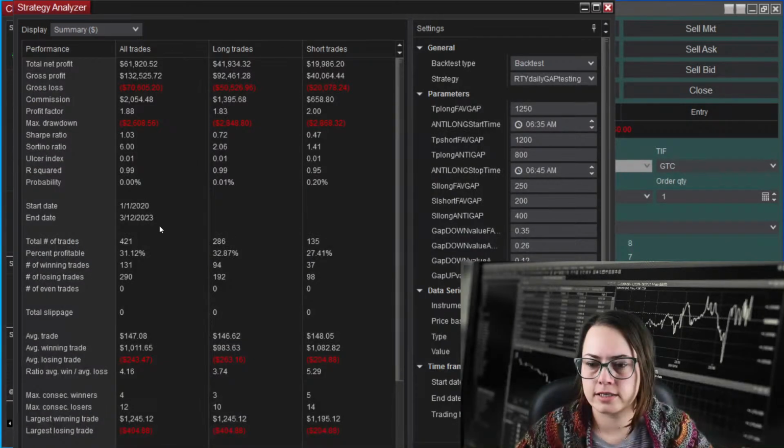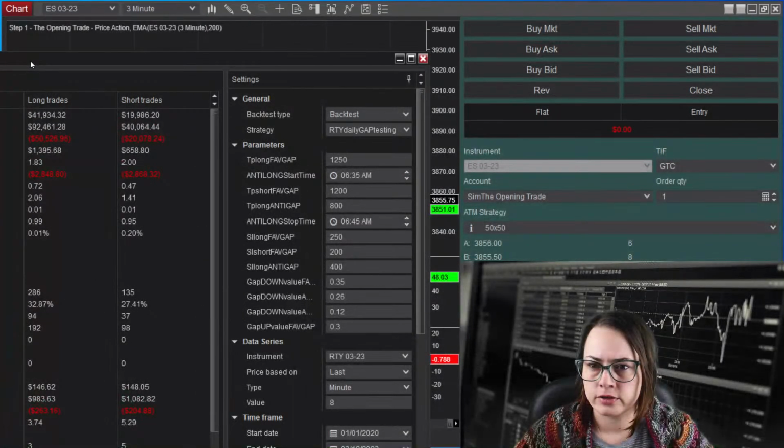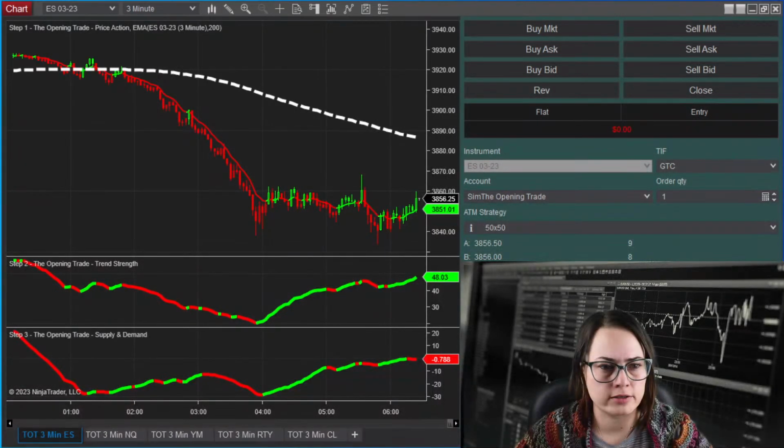Here again is our back test date range, which is a little over 3 years. Here's the max drawdown, the gross loss, the gross profit, and total net profit. Again, that started and ran through COVID.